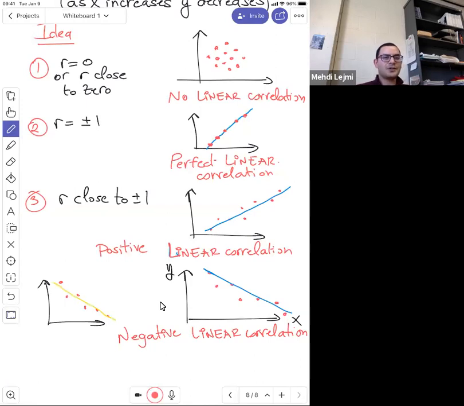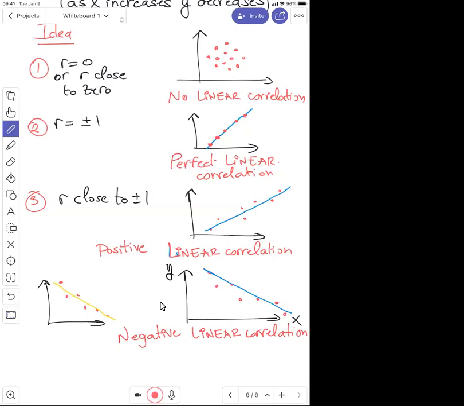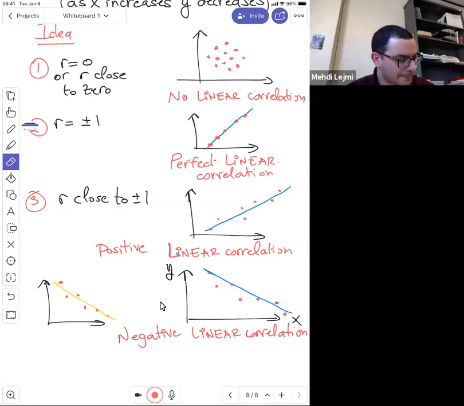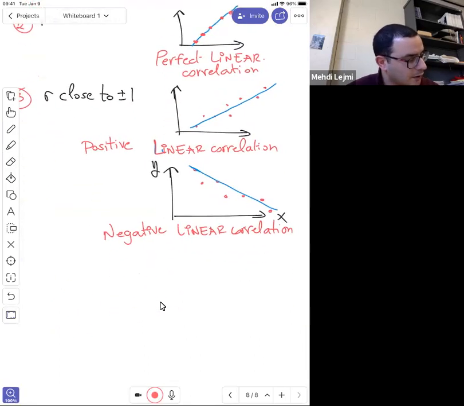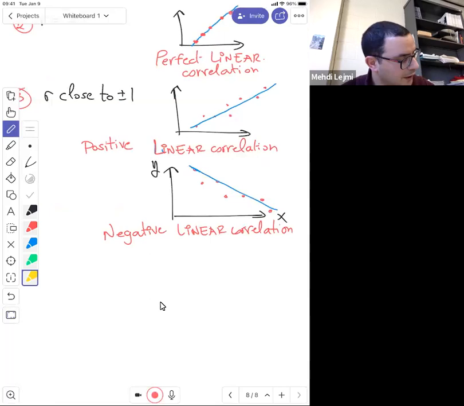But first, I'm going to compute R just to make sure that it's correct. Okay, so now I'm going to show you how to compute this R. All right, so now let's compute R.